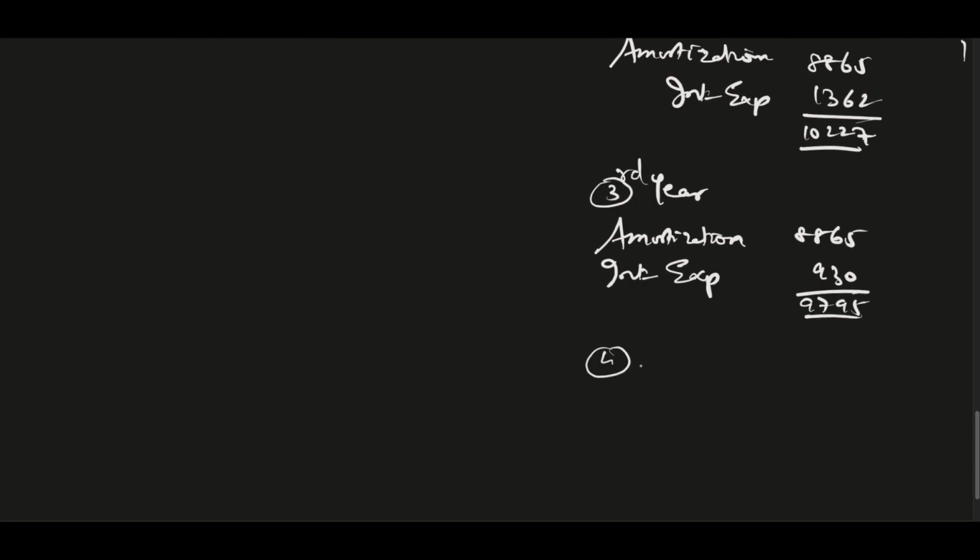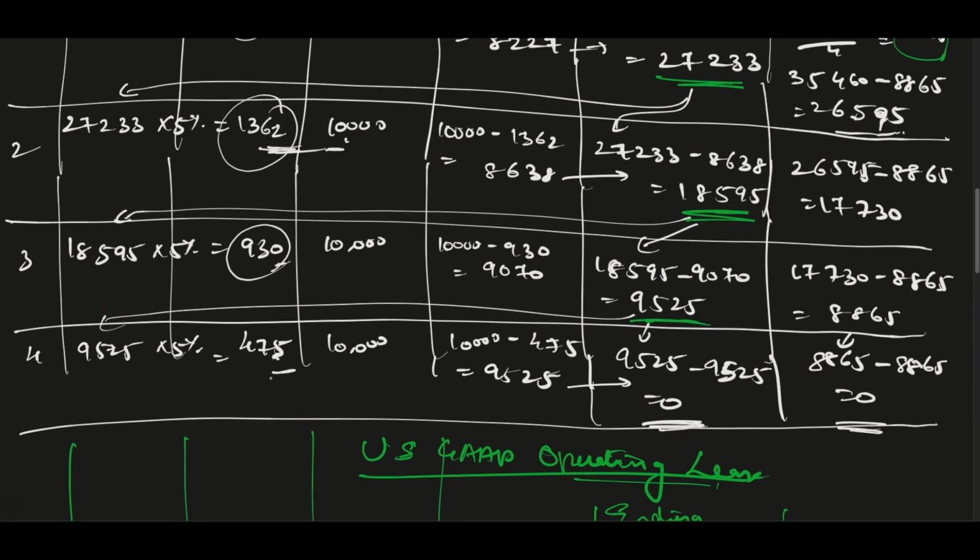And for the fourth year, amortization is 8865 and interest expense comes to 475.